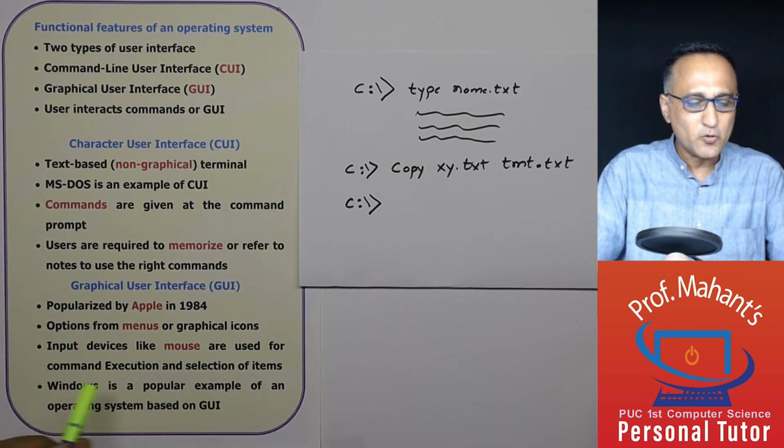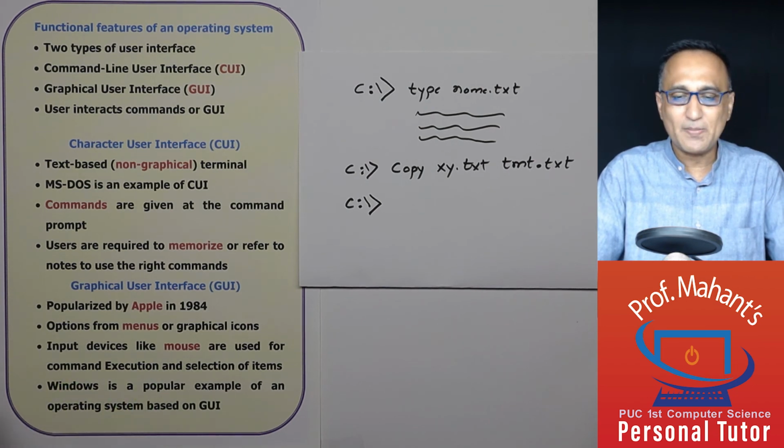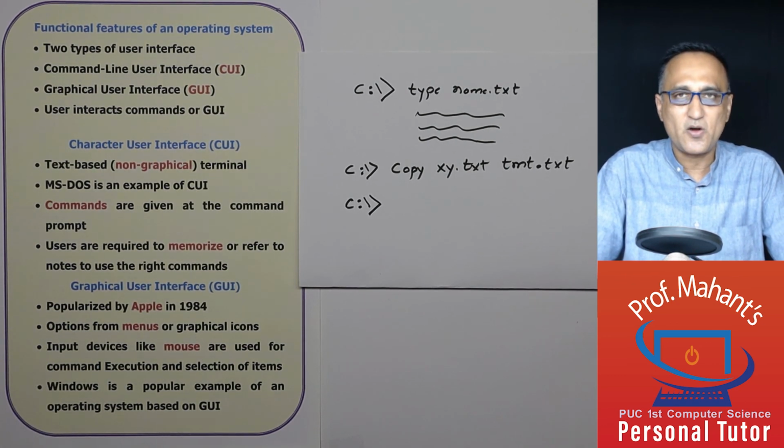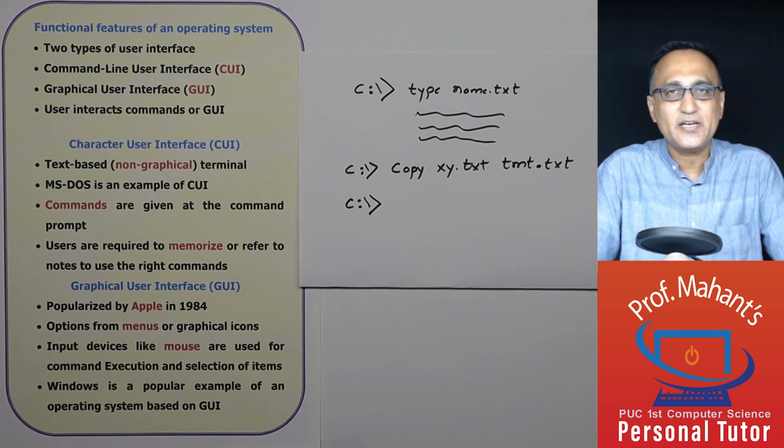Input devices like the mouse are used for execution of commands and selection. So here you don't type, you use the mouse, you right click, it copies. You can do a cut, delete, all through the mouse. You do not actually need a command to do that. Examples of a graphical user interface which you are using now are Android OS and Windows.